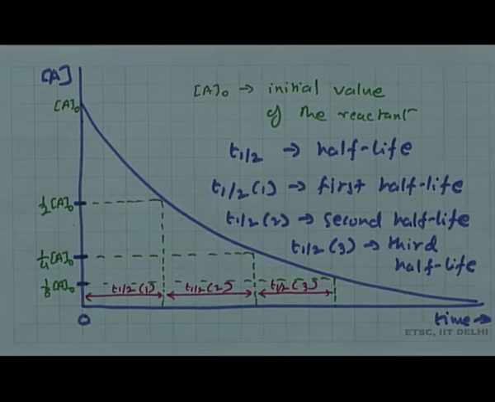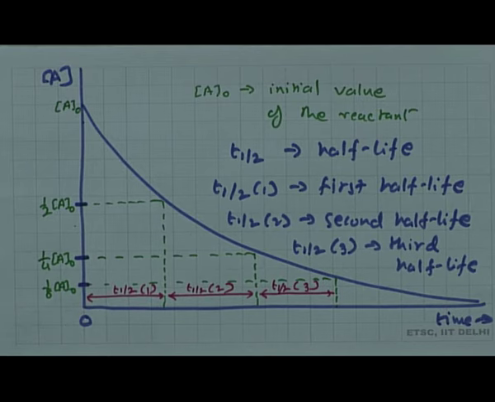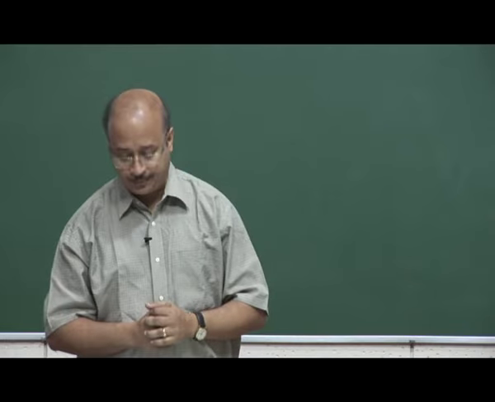Okay. So, as you can see from this kinetic profile, you will be able to figure out, based on the manner in which the concentration of the reactant is decreasing, where the first, second and third half lives would be. Generally when we say half life, we always mean the first half life, unless it is specifically mentioned to go for the subsequent, say the second or third half life and so on. The first half life is the one we generally consider, and that is what we will mostly focus on.